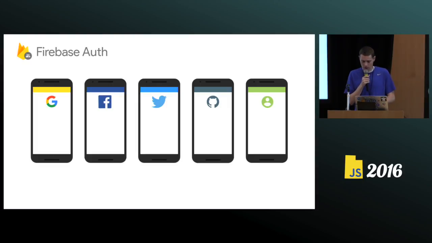Authentication. Firebase ships a bunch of auth tools with its SDK to quickly allow users to log into your application using various OAuth providers, Google, Facebook, Twitter, GitHub, and you can hook in your own authentication with JWT tokens and things like that. And it also supports anonymous authentication.